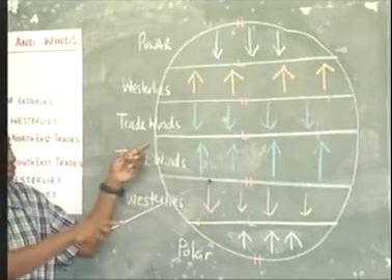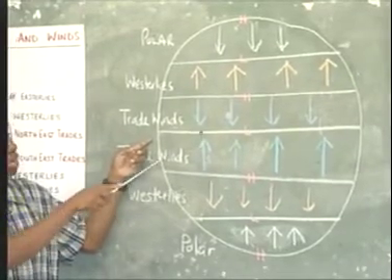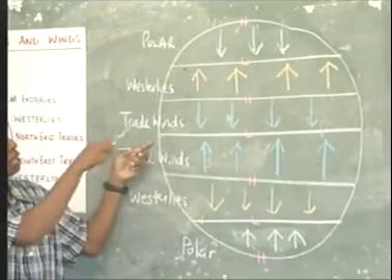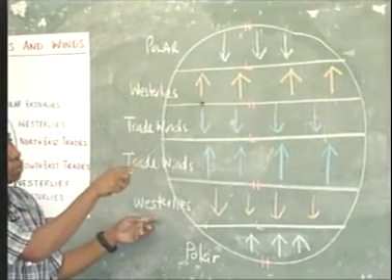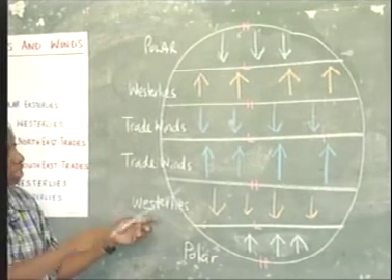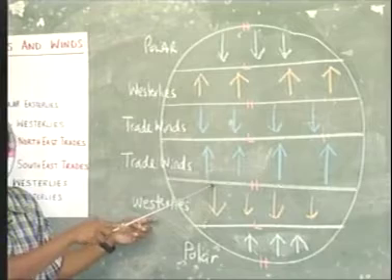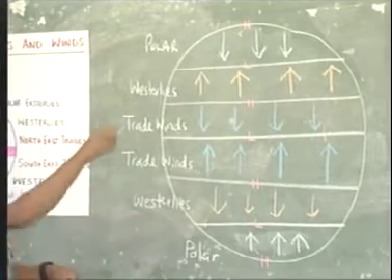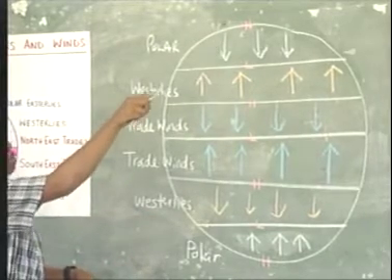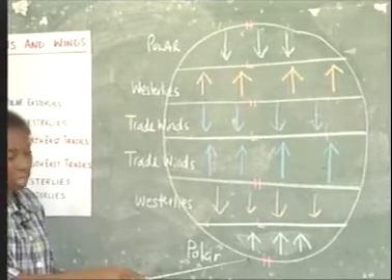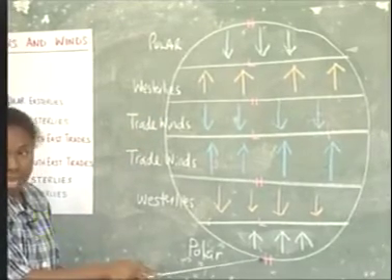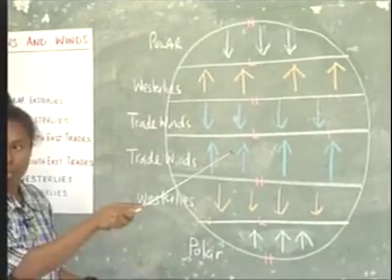Similarly, in the southern hemisphere, from the horse latitude straight back. In the northern hemisphere, the westerlies would be blowing straight up. Similarly, in the southern hemisphere, the westerlies blowing straight down. And then the polars would be blowing from the high to the low, straight up or straight down. And in the southern hemisphere, from the high to the low, straight up.